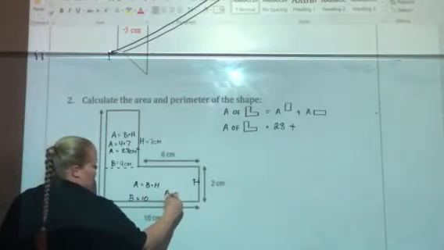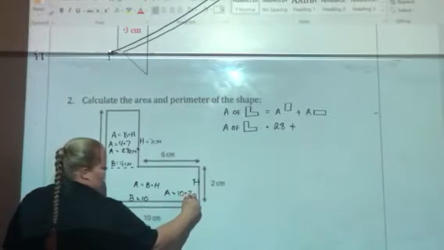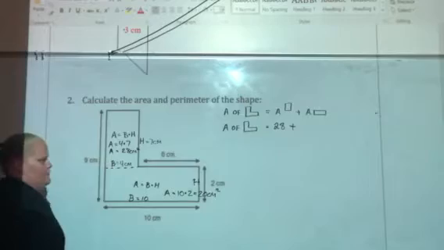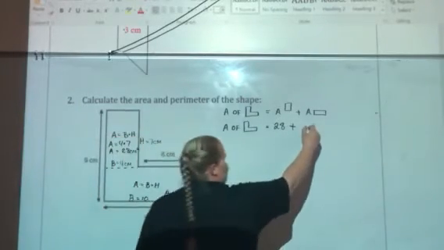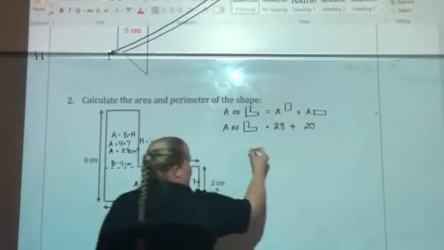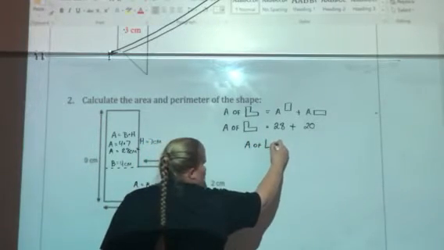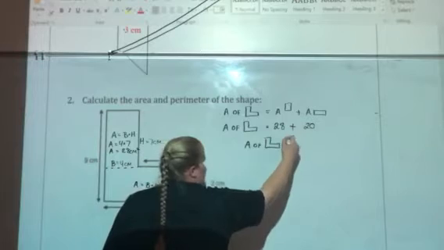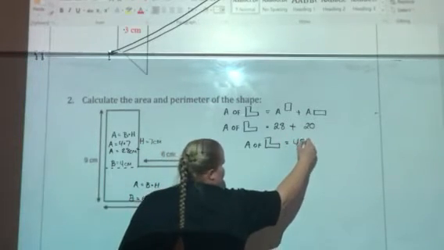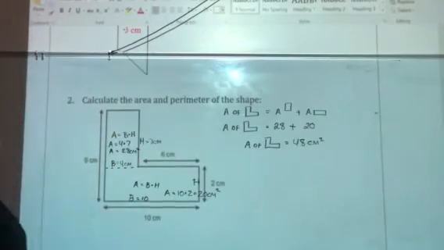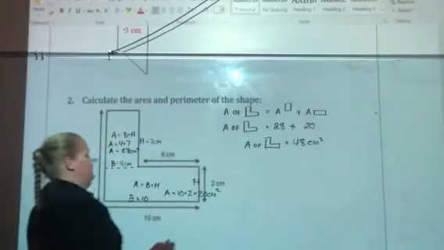So I know that the area for this is going to be 10 times 2, which is 20 centimeters squared. So I can just plug that in right here. So the area of the L is equal to 28 plus 20, which is 48 centimeters squared. And that's going to be our answer for the area.